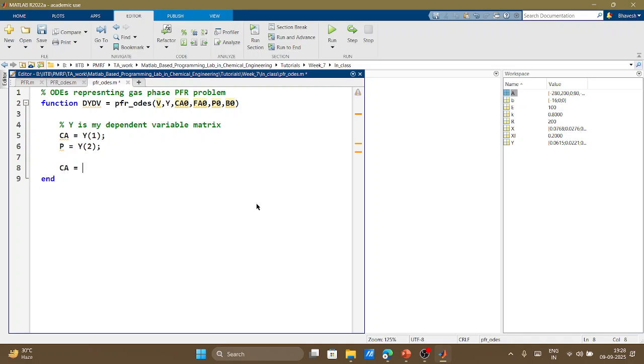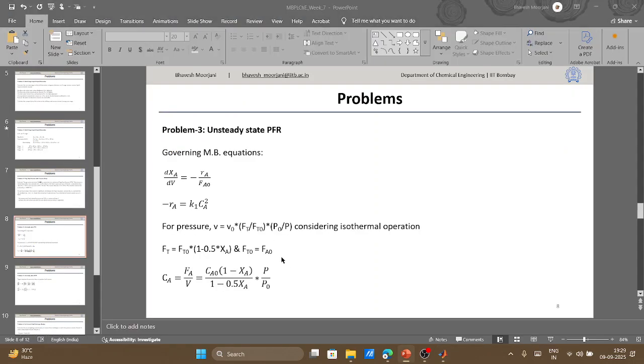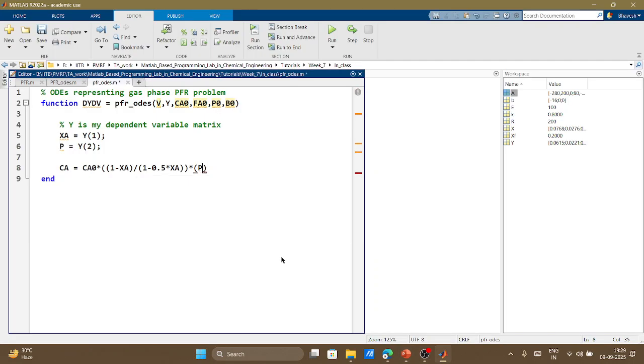So CA is given as CA naught into (1 minus XA) divided by (1 minus 0.5 times XA), this whole into P by P naught. So this is the CA that you have computed.